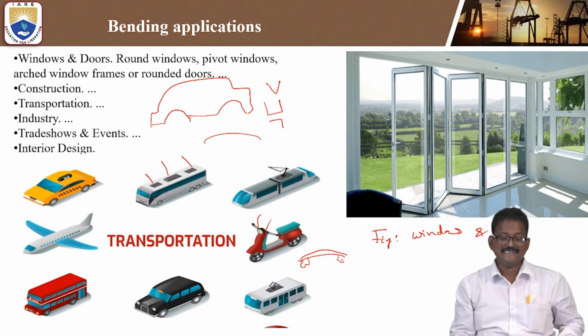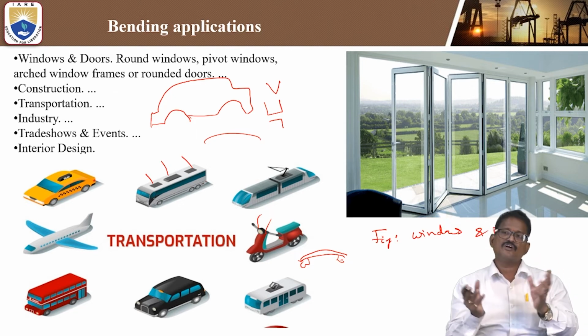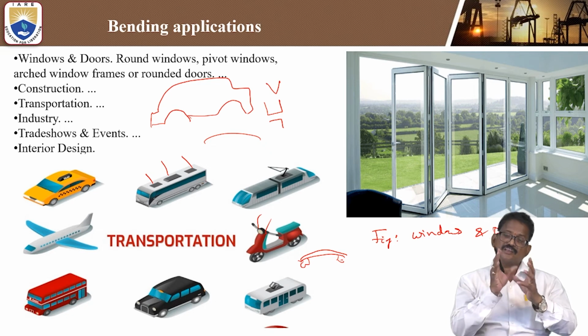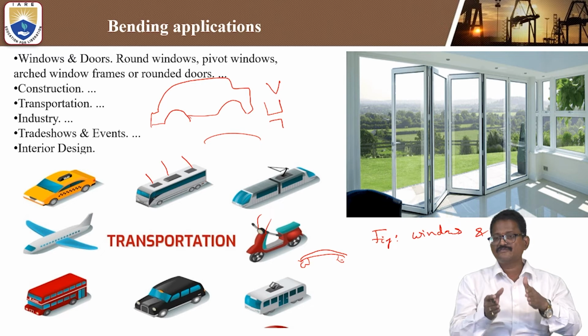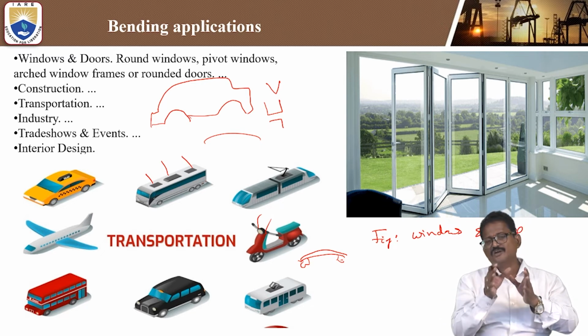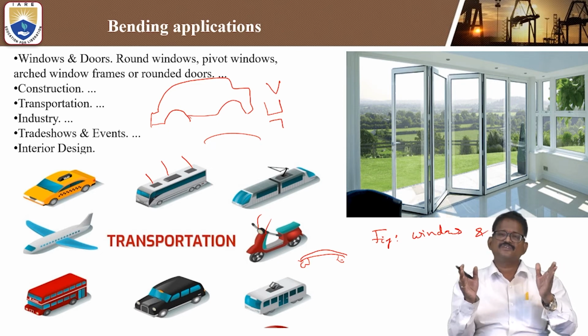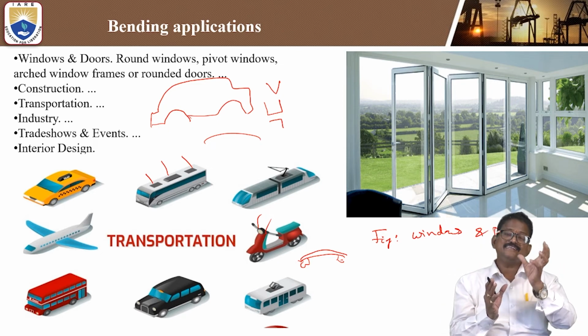And also some interior design, not only in houses, even some temples, some archaeological designs, bridges, all this comes under this. All cannot be a straight one. Some bending technique has to be used to perform some interior design.